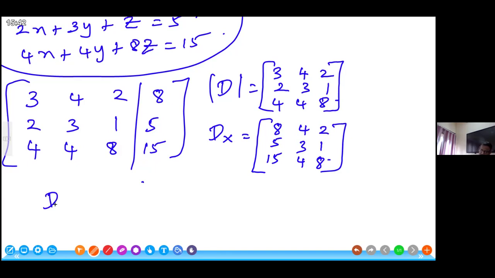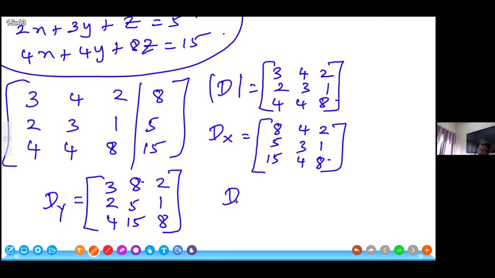Similarly for dy, so the dy is equal 3, 2, 4, 8, 5, 15, 2, 1, 8.